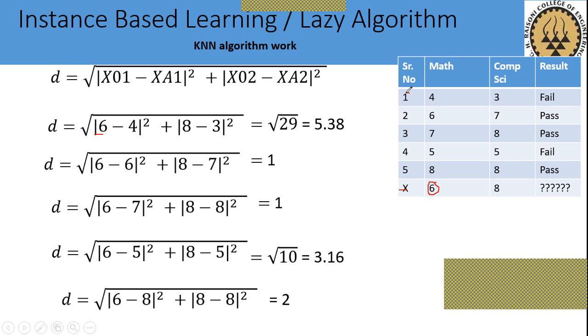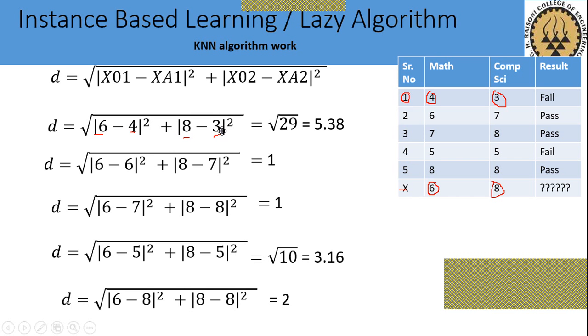So I put the math 6 here, and the first element of the data set has the mark 4. So 6 minus 4 whole square. He has 8 marks in computer science and the relative point, roll number 1, has 3 marks in computer science. So I put 3. So 8 minus 3 whole square.